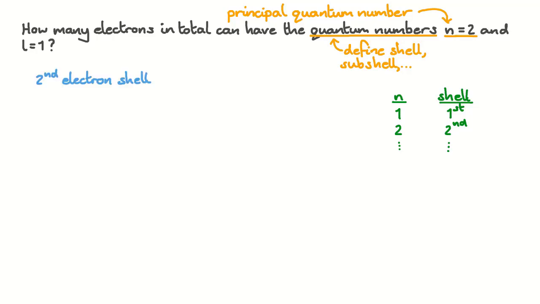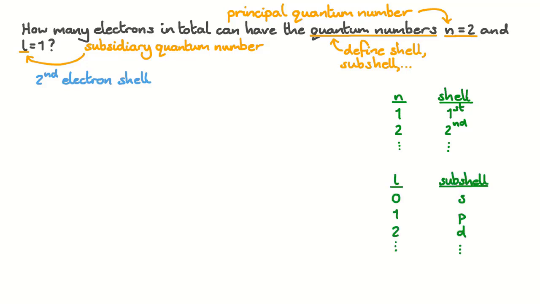In this example, n equals 2, so we're looking at the second electron shell. l is the symbol used for the subsidiary quantum number, also known as the orbital angular momentum quantum number or the subshell number. Each value of l corresponds with a type of subshell, like an s-type or a p-type subshell. With l equal to 1, we're dealing with a p-type subshell.